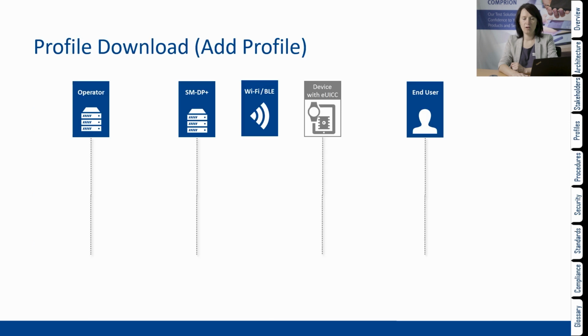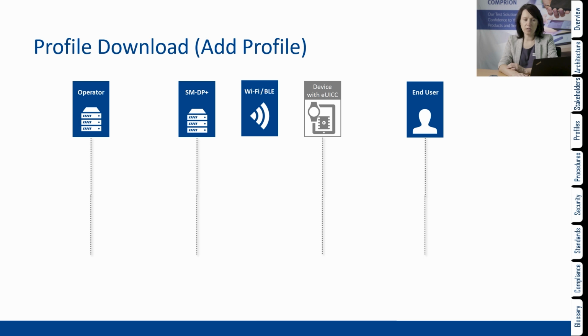Okay, let's take a look at the add profile procedure. We have the operator involved, for sure, the SM-DP+. The profile can be downloaded to consumer devices using Wi-Fi or Bluetooth or whatever technology. So it's normally not the network, but it still can be used.